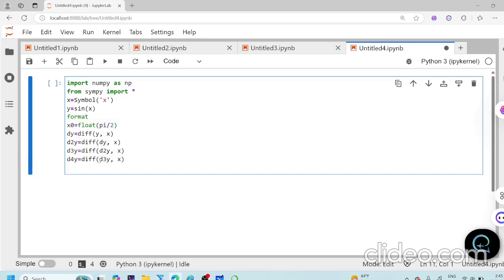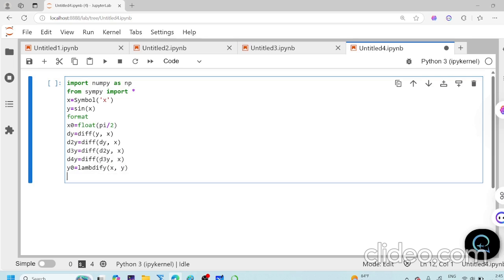So for that, I'll call y naught equal to lambdify of x comma y. I'm just simplifying y with respect to x. Then I'll call this as y1. We have y dash, right? So I'm just writing y1 for the first derivative. So that is lambdify of dy with respect to x. I have to simplify the expression dy.